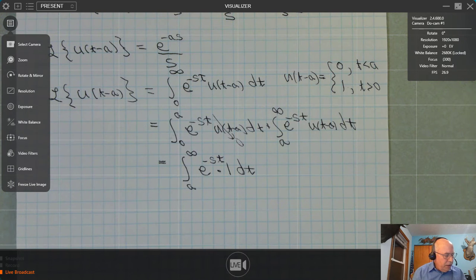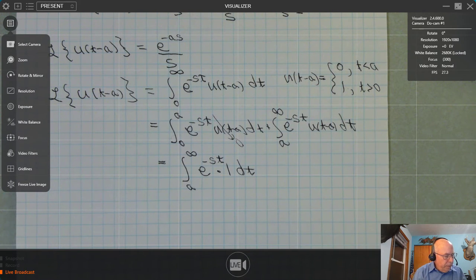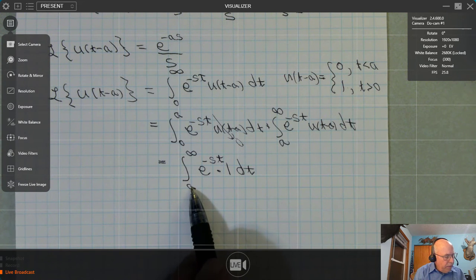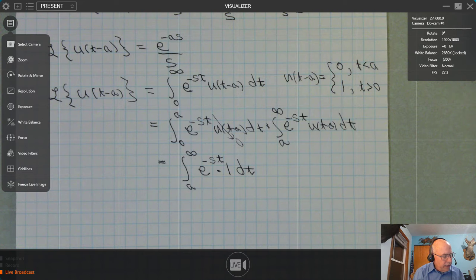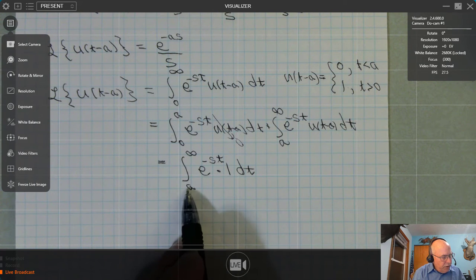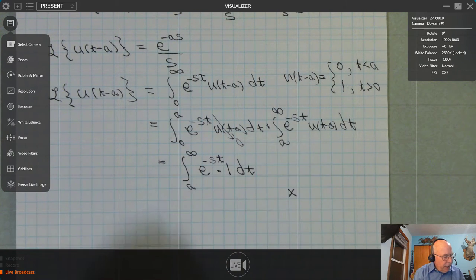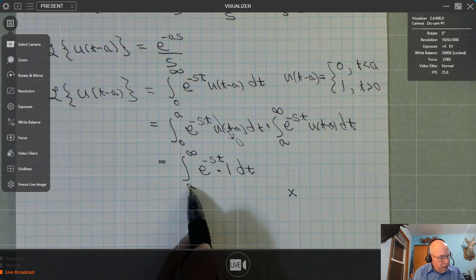Okay, now this looks an awful lot like the transform of 1. But the catch is you start at a rather than starting at 0. So I would like to do a change of variables here. So I want an x, and the x should be equal to 0 at this endpoint.